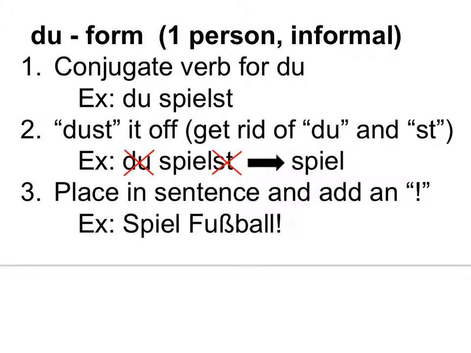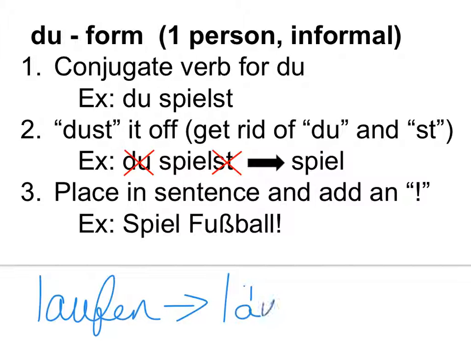One major thing that you will like is that when you conjugate a verb and it changes from a to ä, like laufen becomes läufst, when you do the command form, don't use those. If they were already there, then you use them.